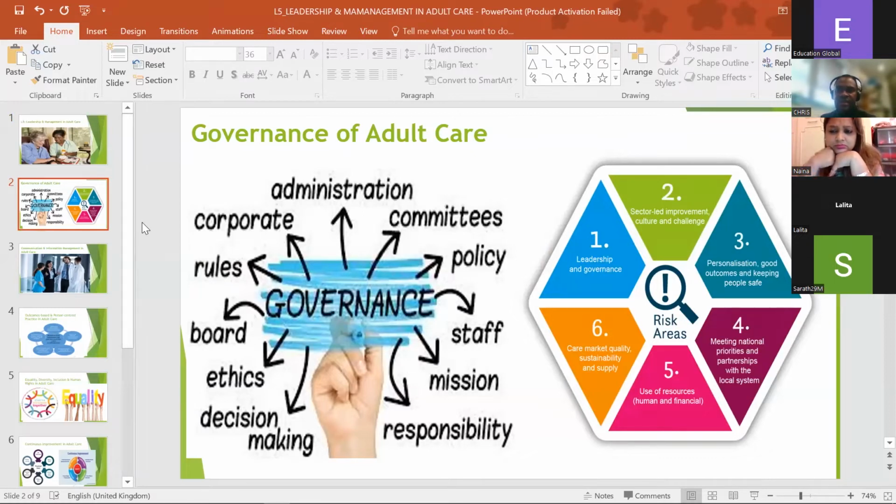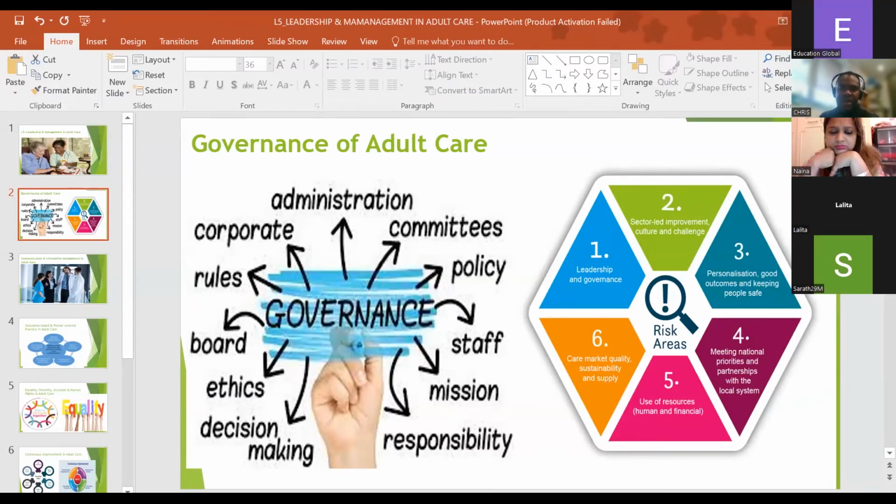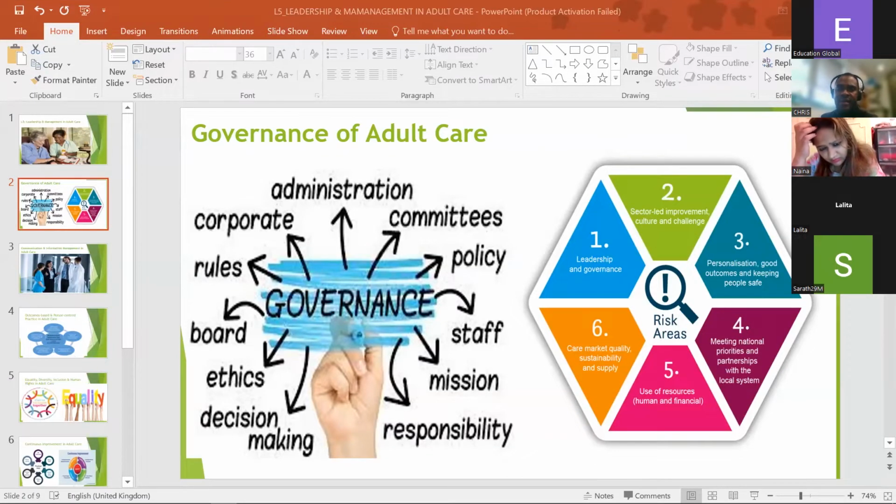Governance of adult care. Thank you. Governance of adult care. That is also a relevant unit for managers in trying to understand issues that border around governance.